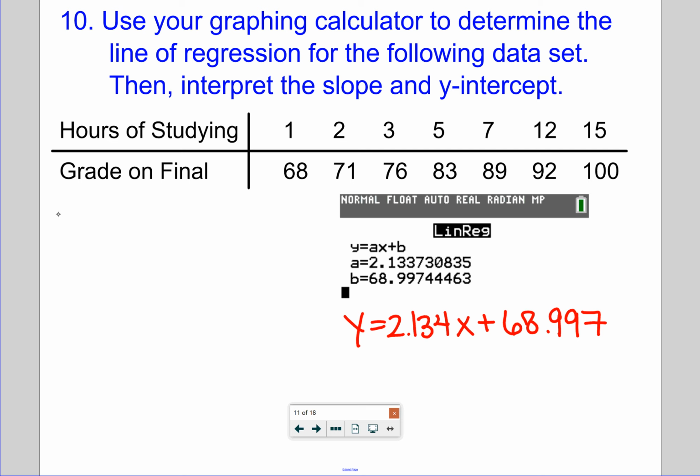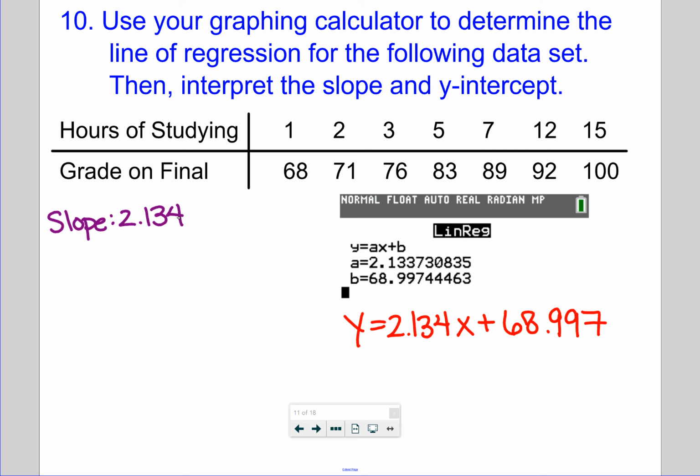All right, so the second part of this problem is to interpret, which means describe what the slope and y-intercept mean. So let's start with the slope. So the slope is 2.134. Slope in real life represents a constant increase or decrease.